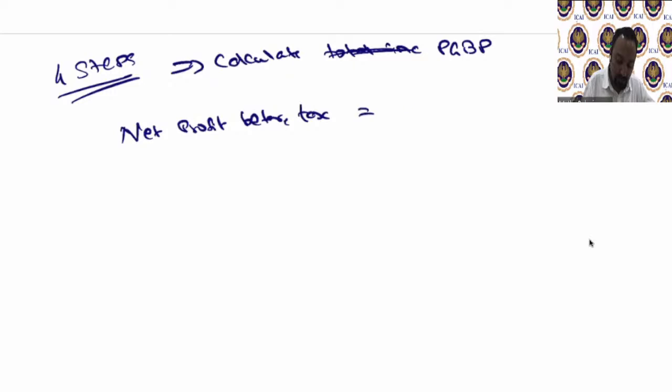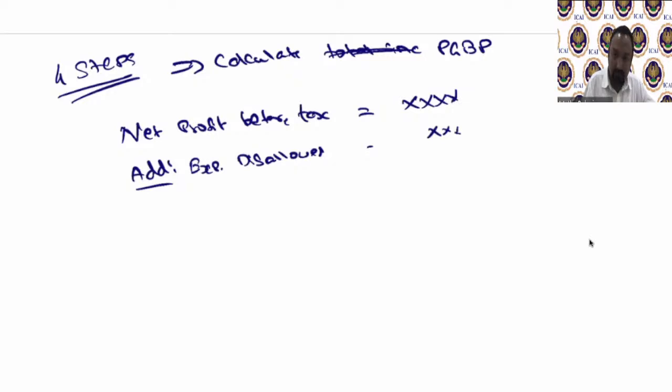So now you take this. You add expenditure disallowed. Then you add income considered but not accounted.